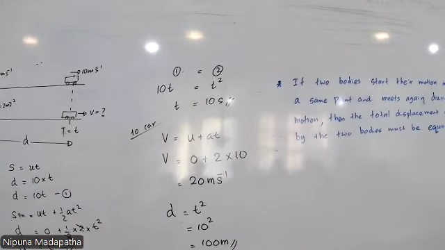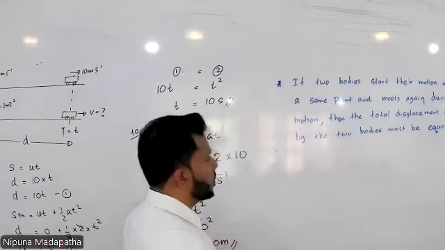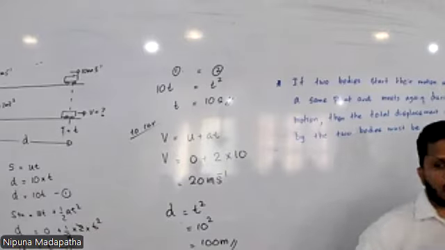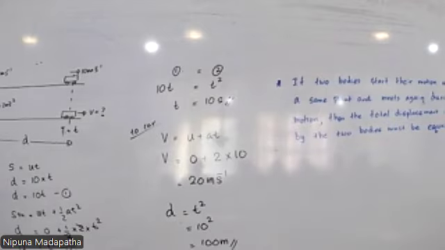Write down that if two bodies start their motion at the same point and meet again during the motion, then the total displacement done by the two bodies must be equal. This will be important for some MCQ questions in future.